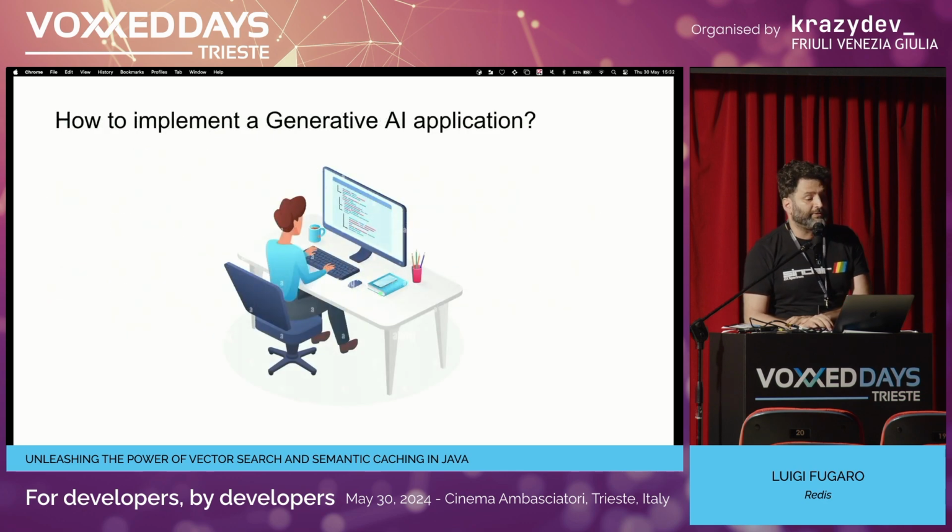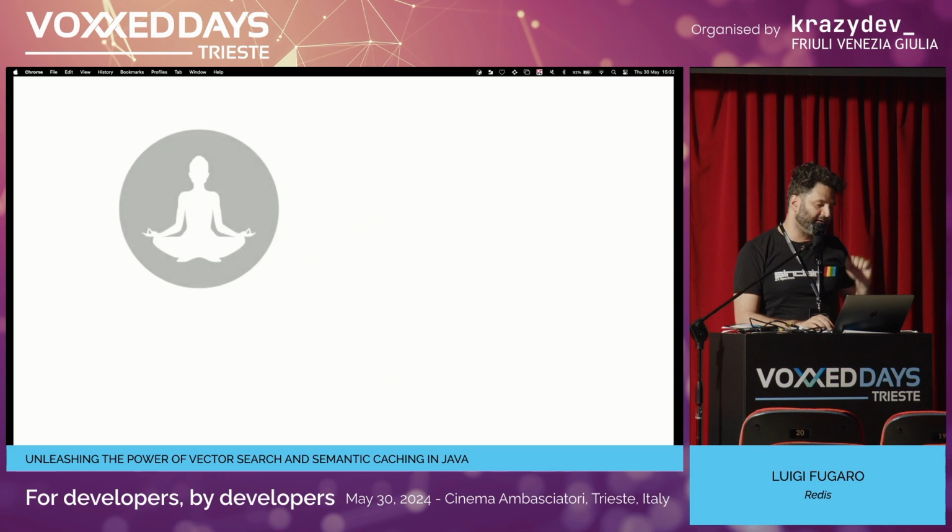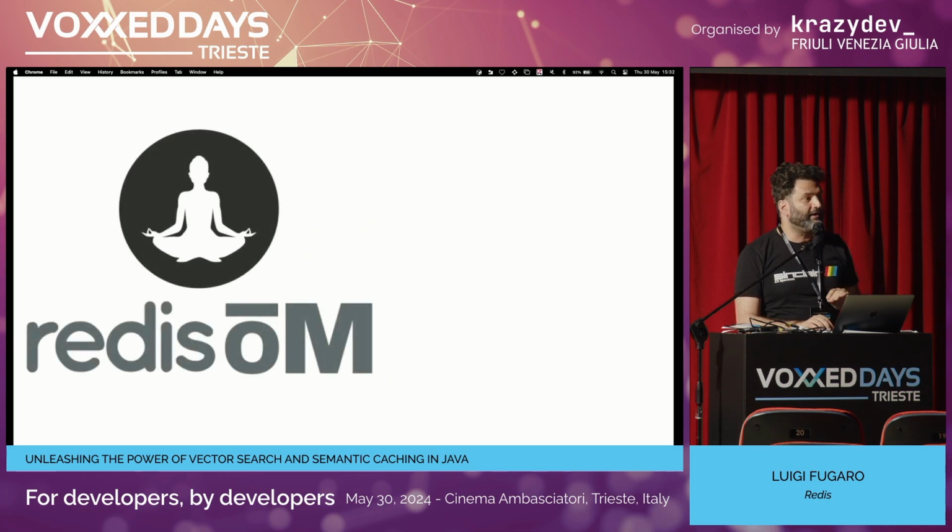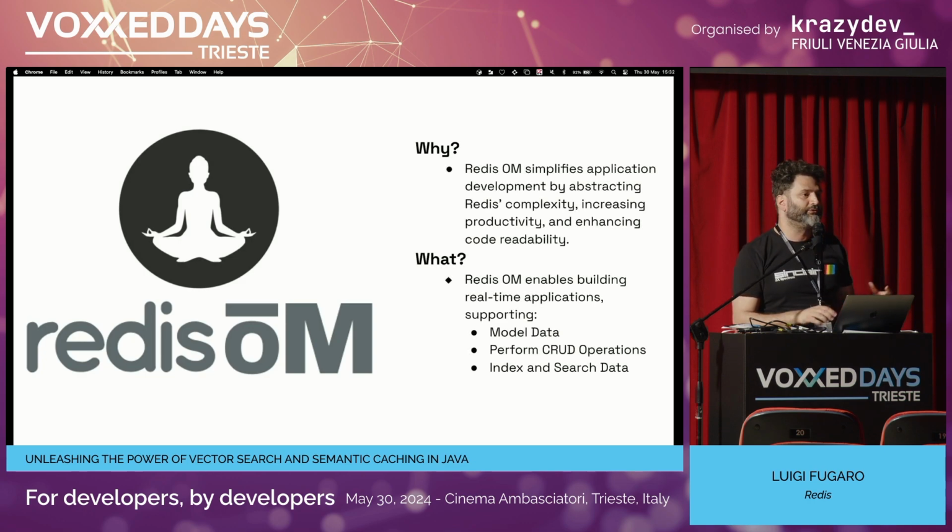So how to implement a kind of generative AI application with all this? First of all, you need to, let me say, calm down, relax a bit. And there is a framework which is called Redis OM. Redis OM stands for Redis Object Mapping. And this allows you to map and model your domain, targeting Redis as a vector database.